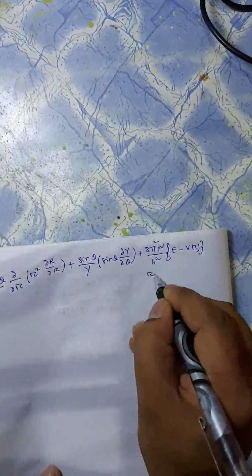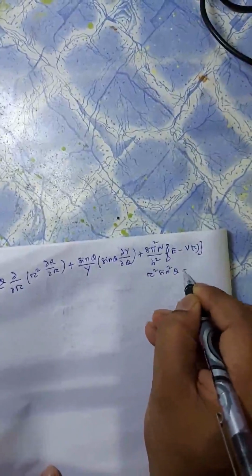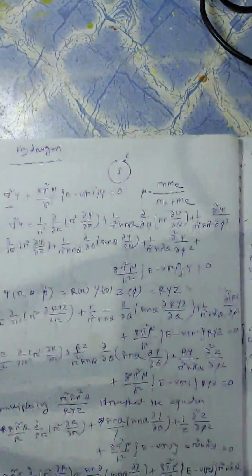I write here r square sine square theta, I take it as m square. Both left hand side and right hand side we take as m square.